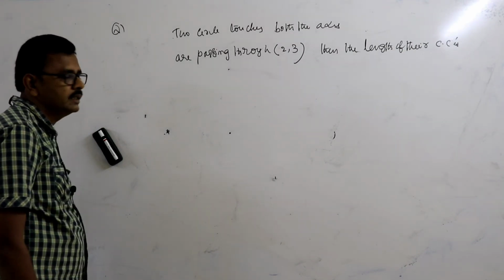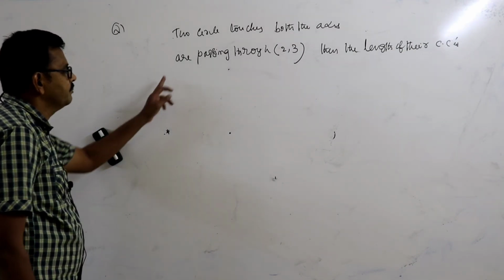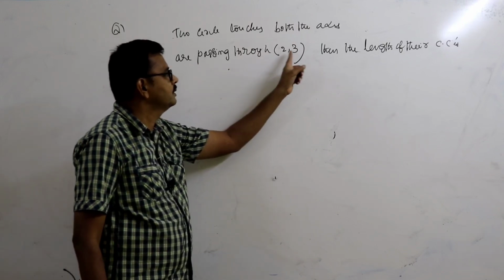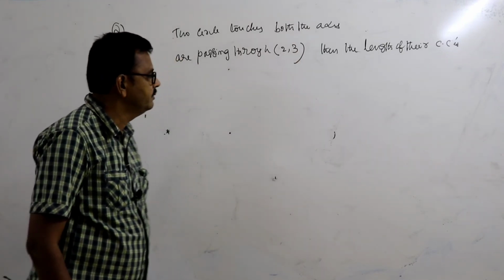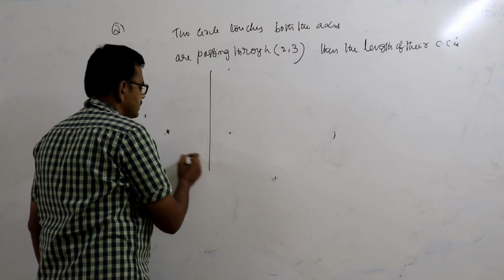Two circles touch both the axes and pass through the point (2, 3). Then the length of the common chord of the circles.